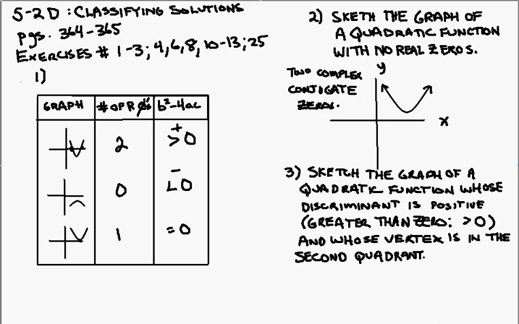So again, if we go ahead and just sketch a simple graph here. So there's our y-axis, there's our x-axis. The discriminant is positive, which means that it's crossing the x-axis twice, and whose vertex is in the second quadrant.